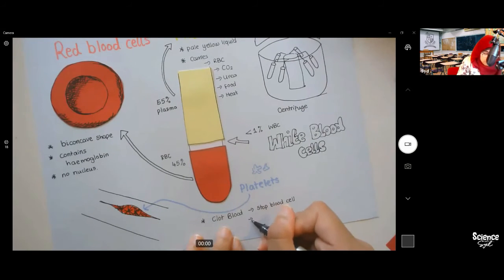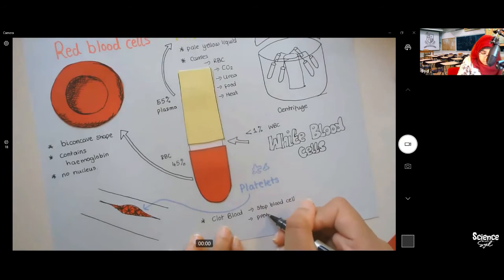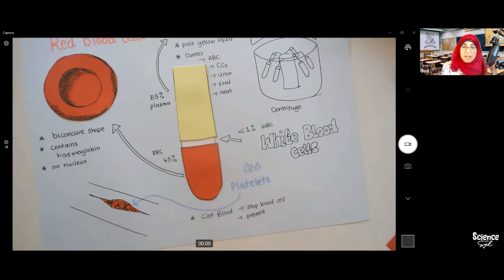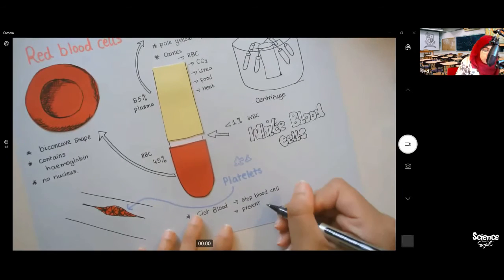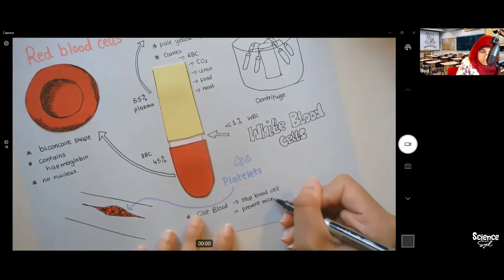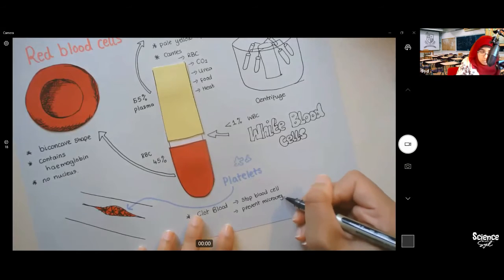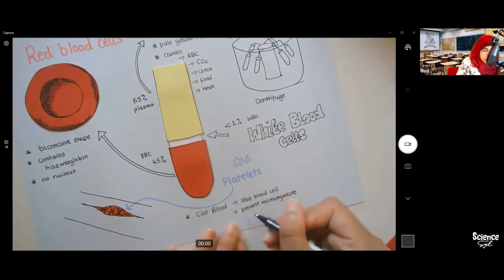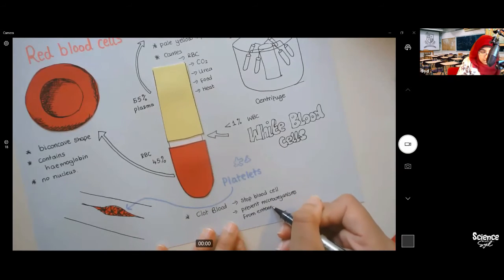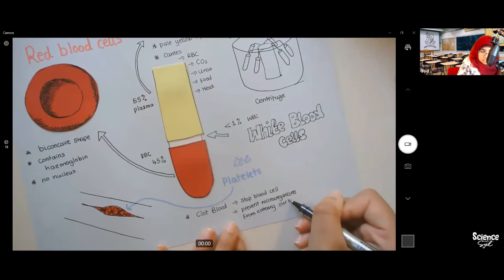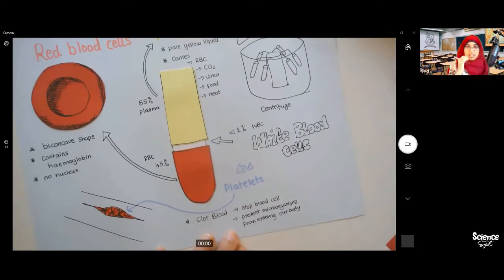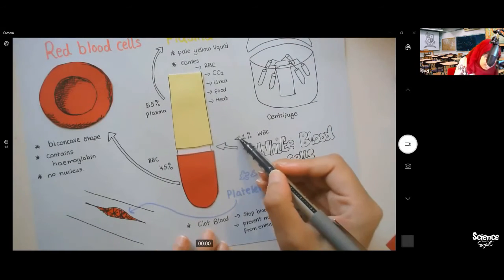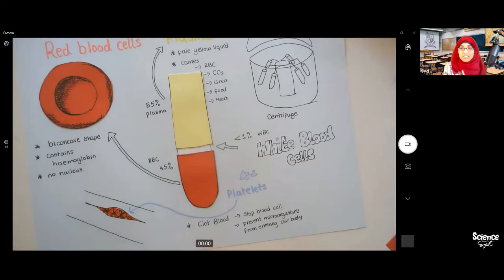So we can say here, they prevent all the bacteria, everything, because remember, our hands are really dirty. We touch lots of surfaces and we pick up germs. So they prevent microorganisms, and microorganisms are little things. And we have loads of microorganisms that are already in our body, but they prevent harmful microorganisms from entering our body because they're no good. So this is the responsibility of the platelets. And even though there's only less than 1%, they're so vital.